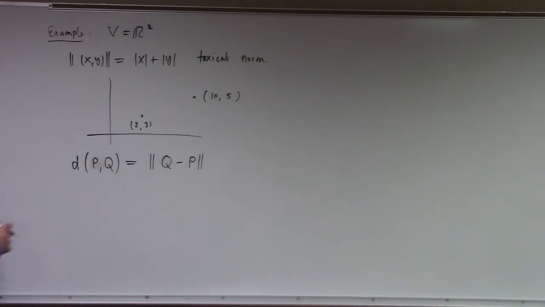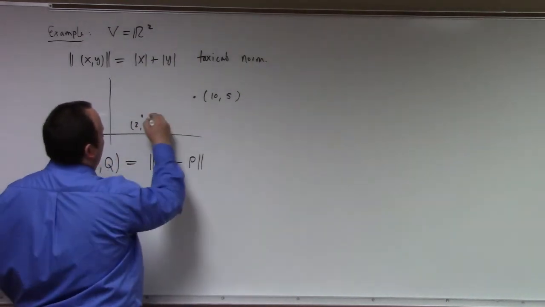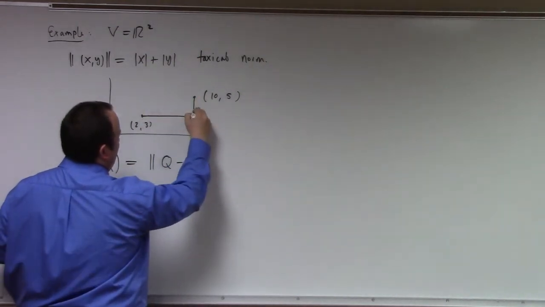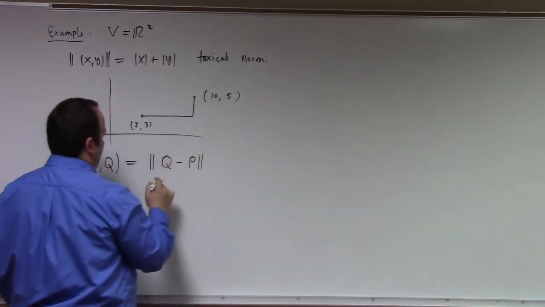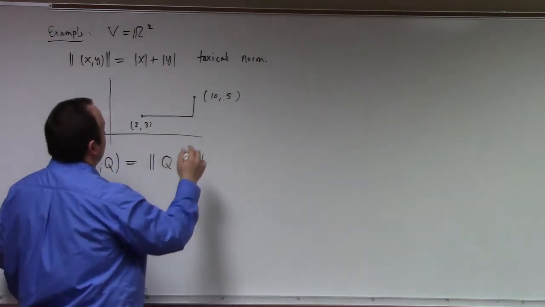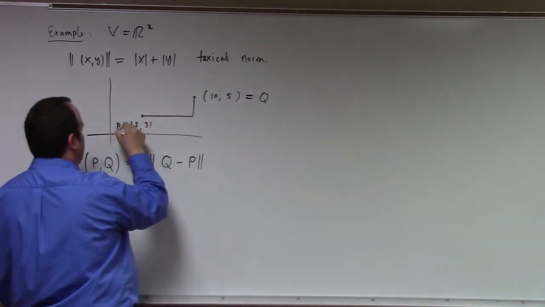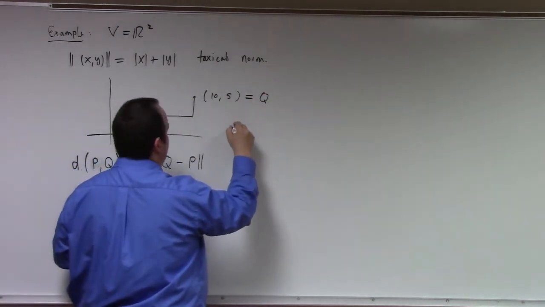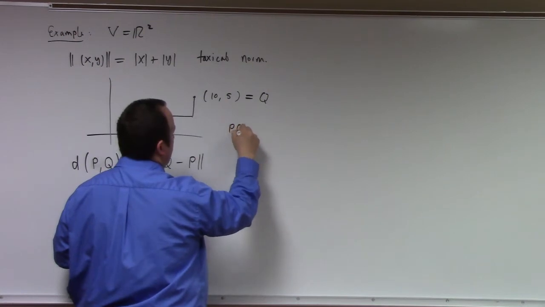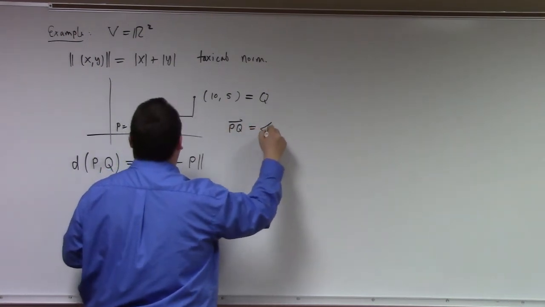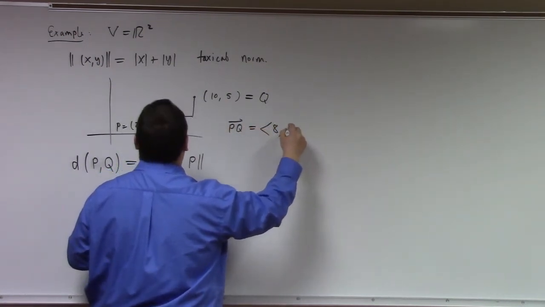So the reason it's called taxicab, of course, is this is basically that distance. If this is my Q and this is my P, what's my PQ? We got 8, 2?